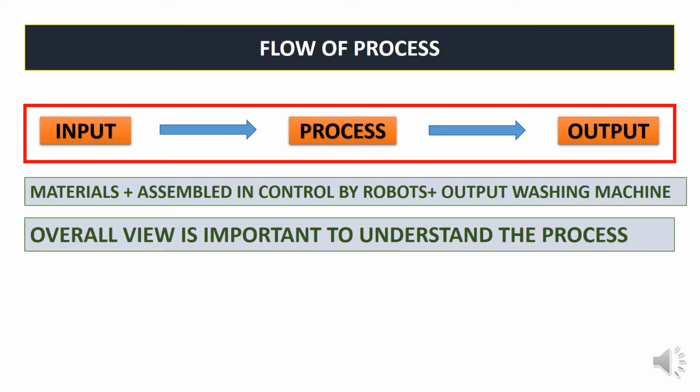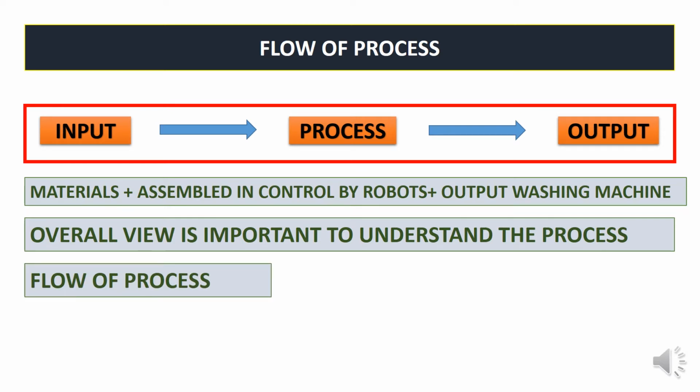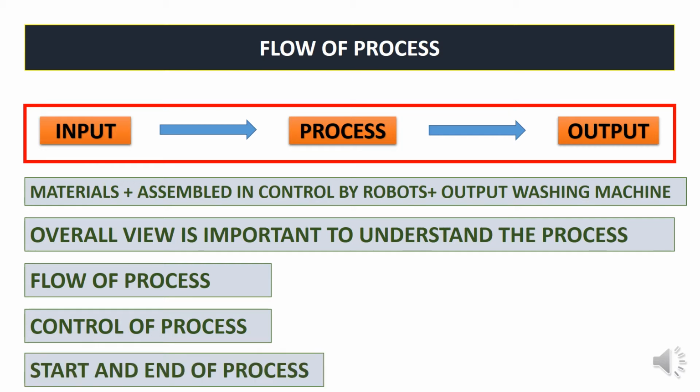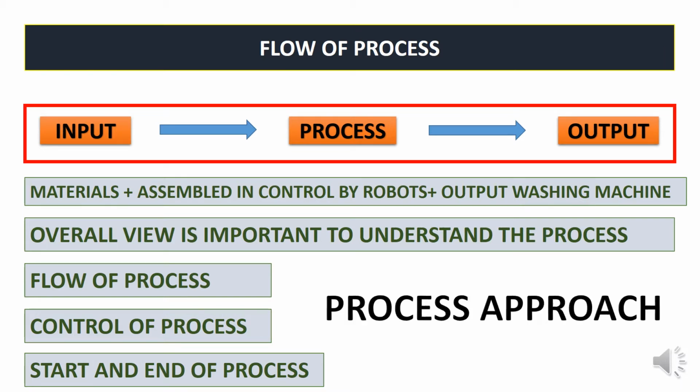An overall view is important to understand any process, which will give us knowledge about the flow of process, control of process, and start and end of process. This input, process, and output thing is called the process approach, which is very important in understanding ISO 9001:2015.